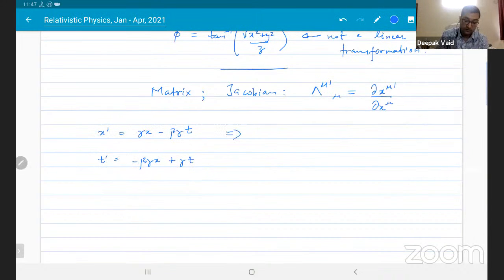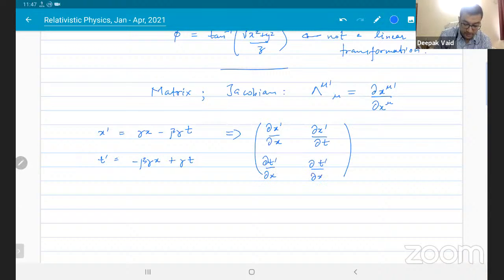So now this matrix will contain, there's yz also, but again those terms don't change, nothing happens there. So here we will have how many terms? We'll have dx prime by dx, dx prime by dt, dt prime by dx, and dt prime by dt, right? So this will be our lambda, mu prime, and mu, right?